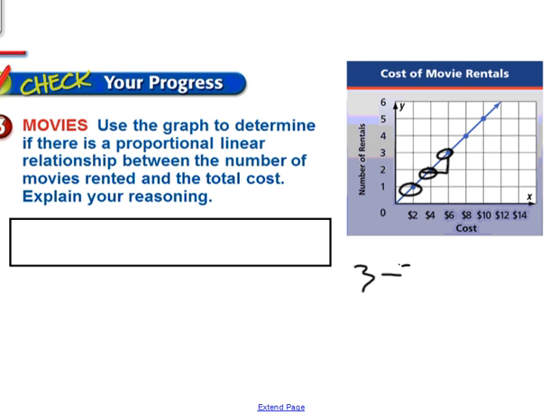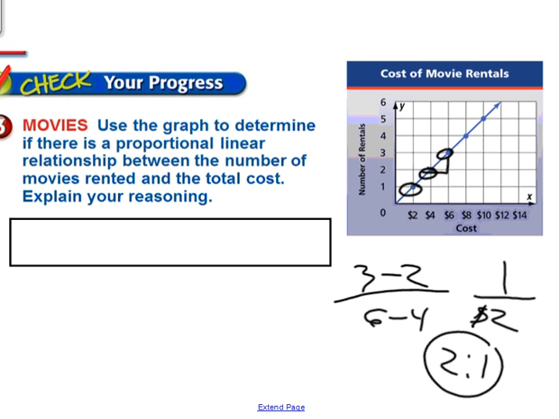From 2 movies to 3 movies, I got 1 extra movie, and the cost went from $4 up to $6, so it was 2. So that is $2 for 1 movie, a 2-to-1 ratio. And it is a constant ratio, and it is a constant proportionality.